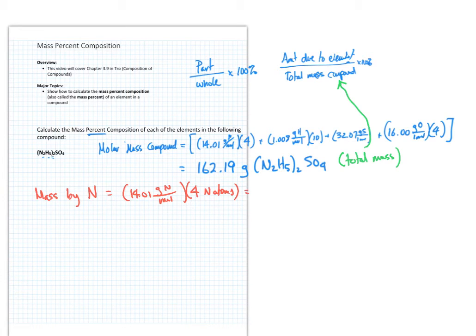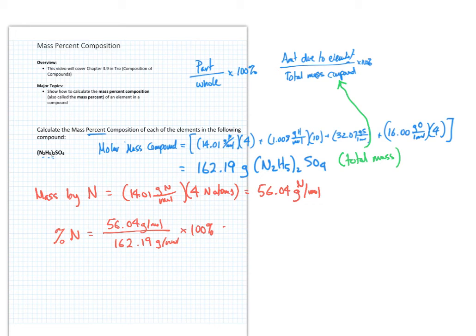In other words, this is equal to 56.04 grams nitrogen per 1 mole of this stuff. So my percent by mass of nitrogen is just equal to the part divided by the whole. The part is 56.04 grams per mole divided by 162.19 grams per mole, times 100%.